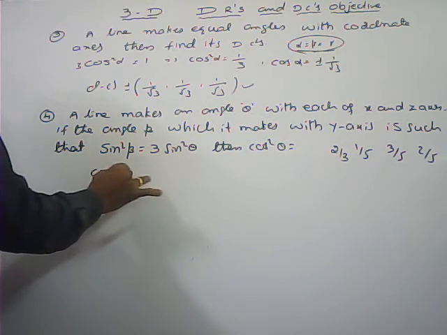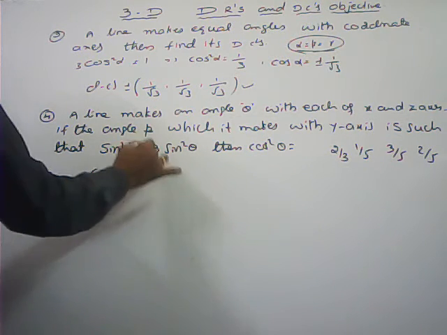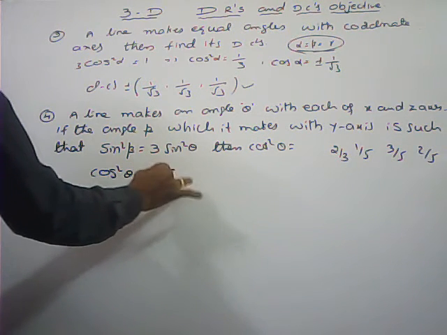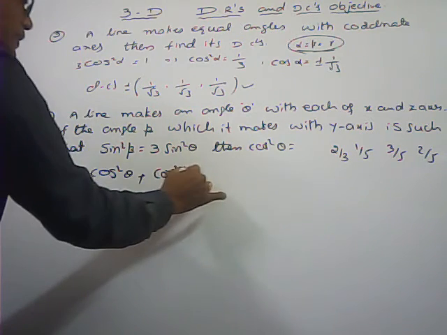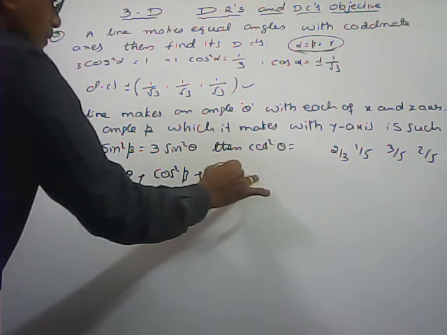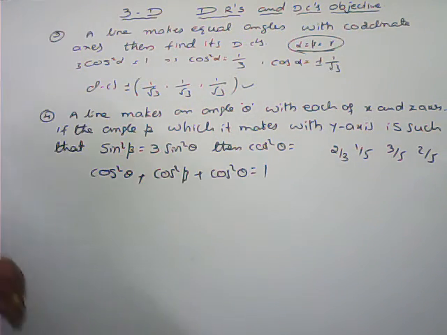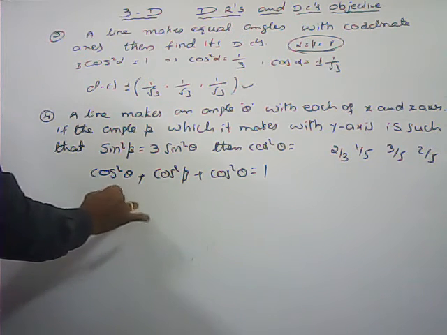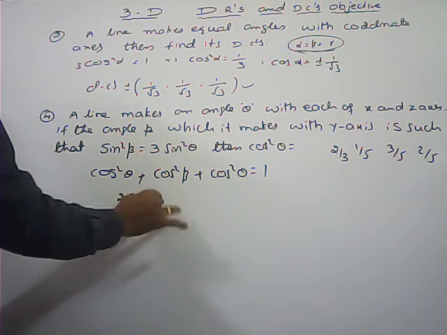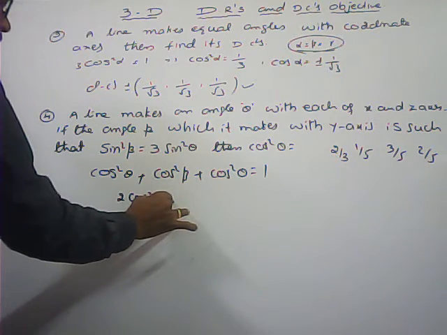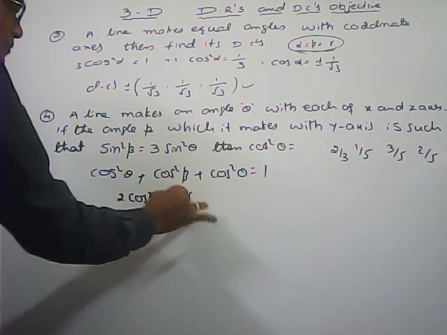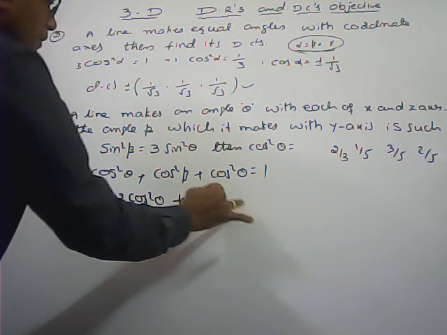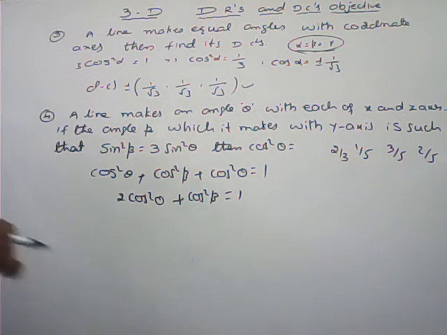Cos square theta plus cos square beta with the y axis, and with the z axis again theta, plus cos square theta is equal to 1. So here 2 cos square theta plus cos square beta is equal to 1.